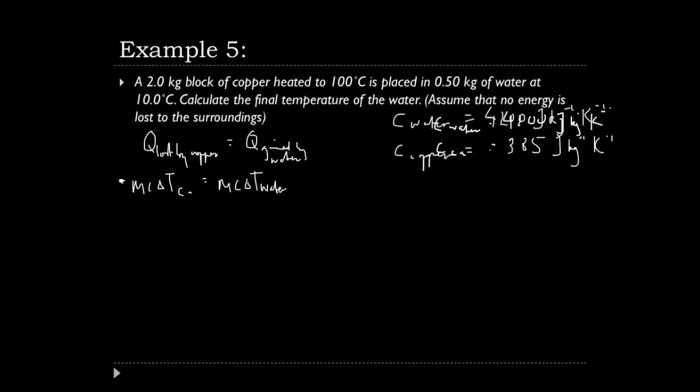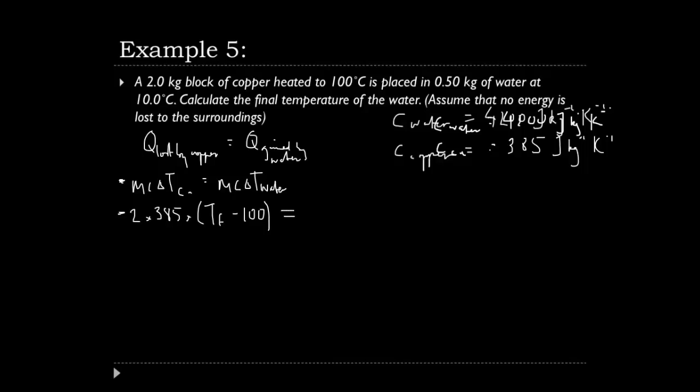Okay, and plugging in the numbers, we have 2 kilograms of copper, so that's 2 times 385, which is the specific heat capacity of copper, times the final temperature minus the initial temperature. So the final temperature we don't know, Tf, minus the initial temperature of the copper, which was 100, and in fact that should be a negative as well, because it's a loss of heat by the copper.